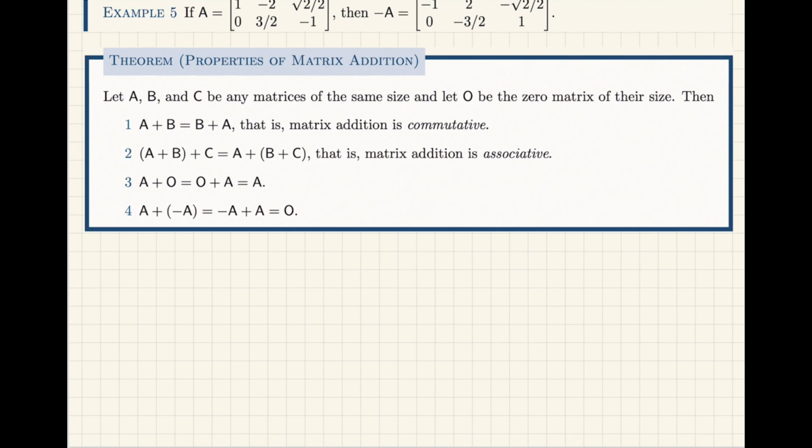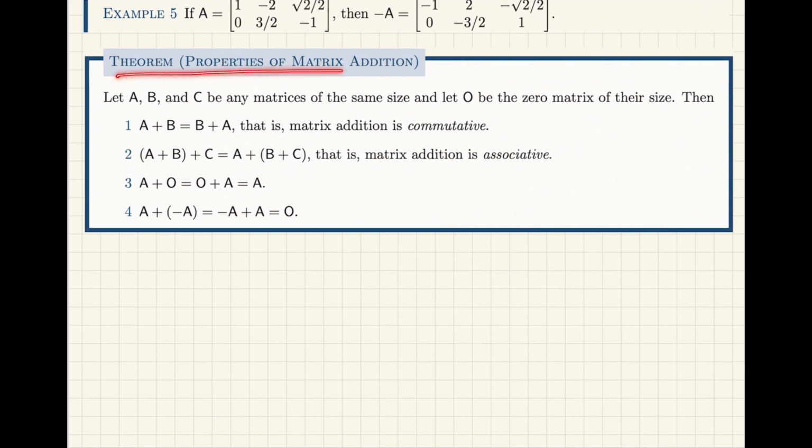And now the theorem here, properties of matrix addition, it seems trivial. Of course it is simple, but it is not trivial because these operations are not the operations that we are used to. This is not a normal addition. It is the addition that we define for two blocks of numbers, two matrices.